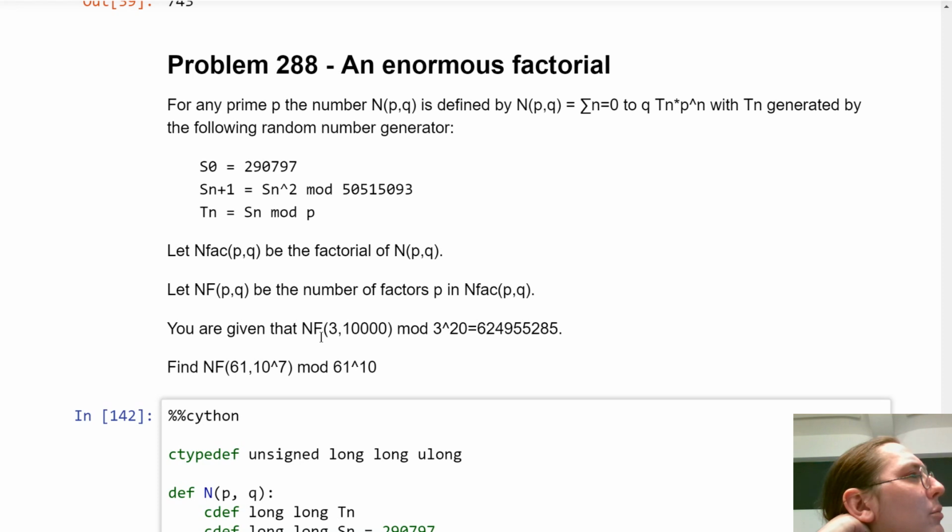I think you may be onto something, yes. So NF would be that factor multiplied by that power of 3 multiplied by the other factors.